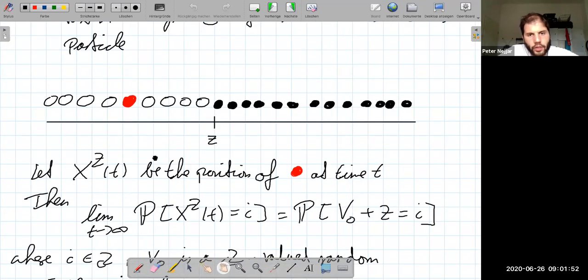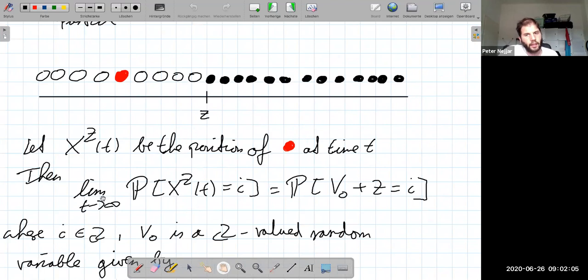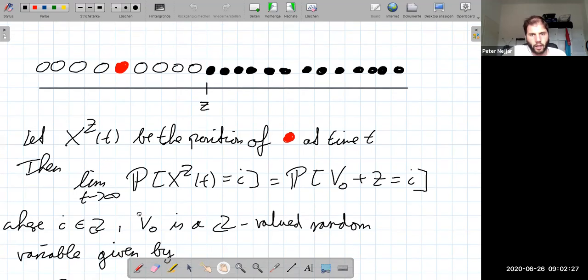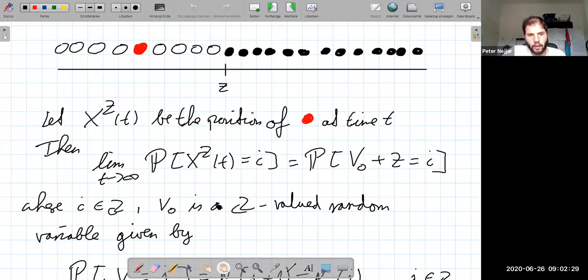Okay. And if I denote by X_z(t) the position of the second-class particle at time t, then it's not very difficult to compute the limiting law of that second-class particle. What you get is the following result. The probability that this second-class particle is at position I converges, as t goes to infinity, to the probability that a certain random variable V0 plus z equals this integer I. Now what is this random variable V0?